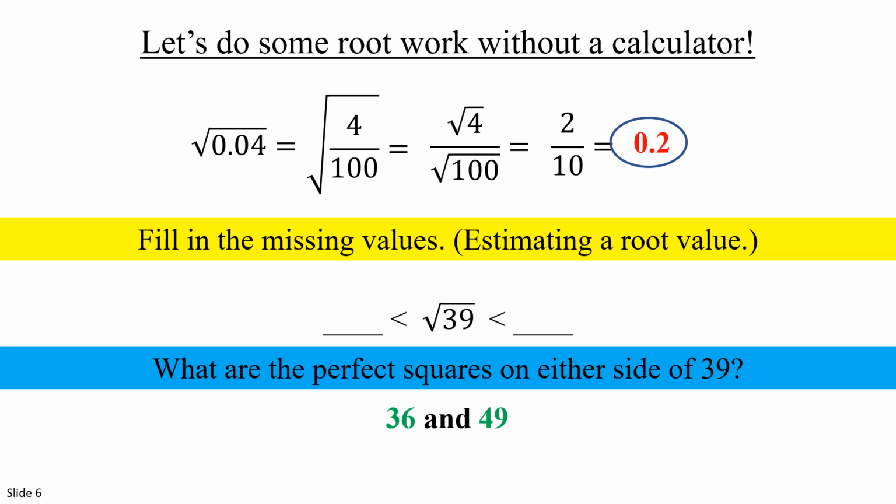Well, that would be 36 and 49. 36 is less than 39, and 49 is greater than 39. They're the roots on either side. So when we take those roots, we get 6 and 7. So root 39 is between 6 and 7.